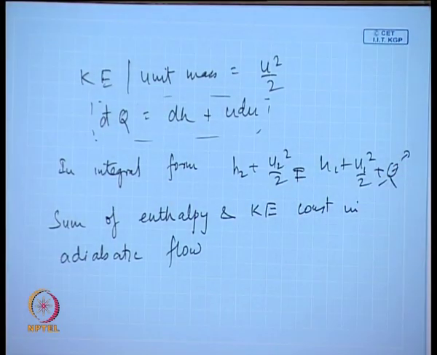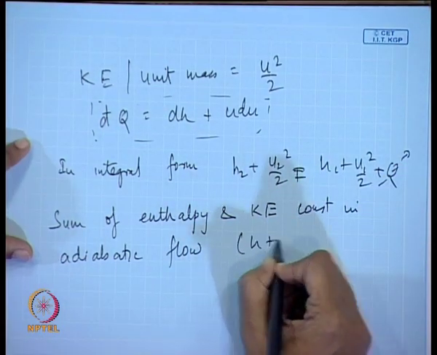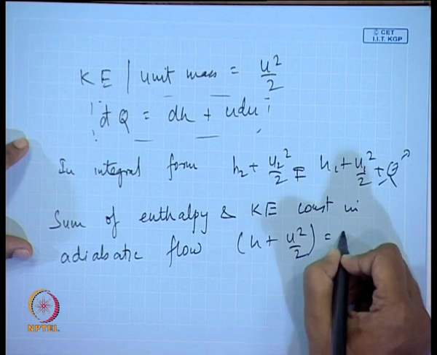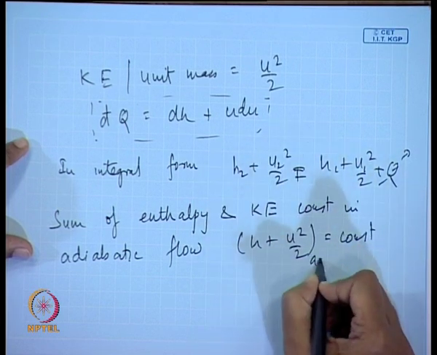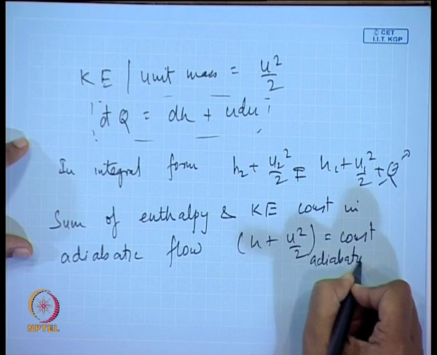This term becomes equal to 0. So, therefore, we find H plus u square by 2 is constant under adiabatic conditions.